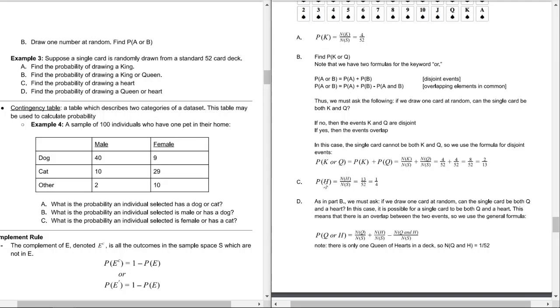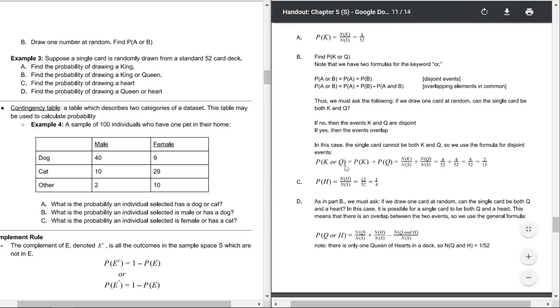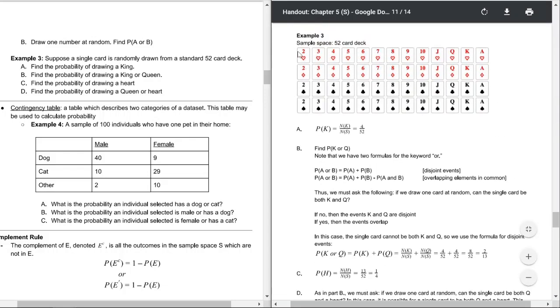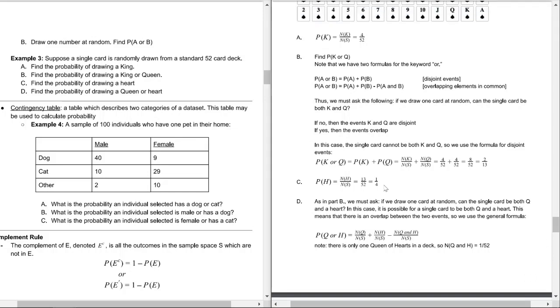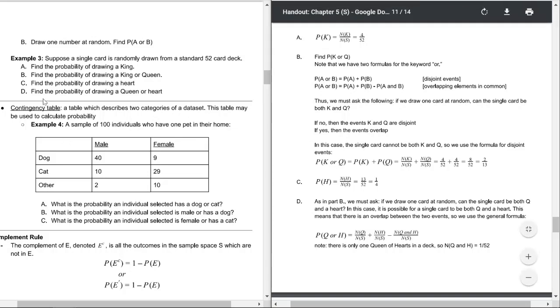The probability of heart is equal to the number of hearts in the deck over the number in the sample space. So if you count the hearts here, there are 13 hearts in a standard 52 card deck. So that's going to be 13 divided by 52. That'll be 1/4.